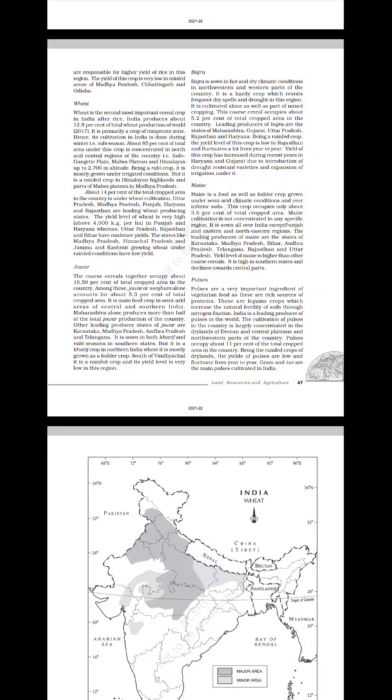The cultivation of pulses in the country is largely concentrated in the drylands of Deccan and Central Plateaus and northwestern parts of the country. Pulses occupy about 11% of the total cropped area in the country. Being rainfed crops of drylands, the yields of pulses are low and fluctuate from year to year. Gram and tur are the main pulses cultivated in India.